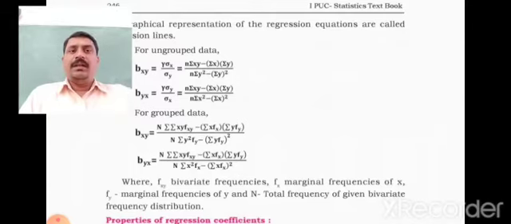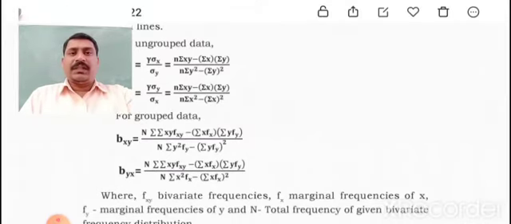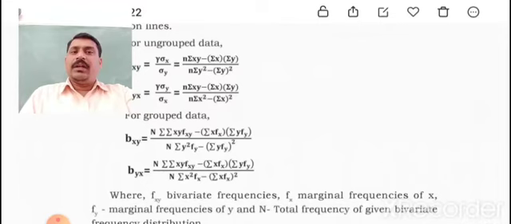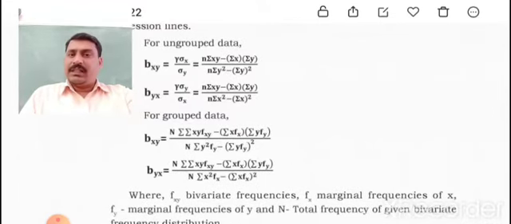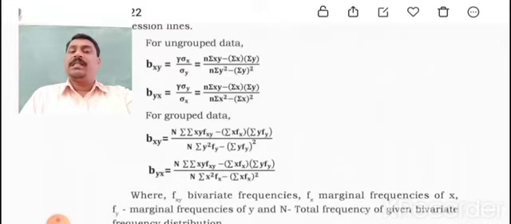Then if you write the formula to find that, bxy is n summation xy minus summation x into summation y, whole divided by n summation y square minus summation y whole square. And for byx, it is n summation xy minus summation x into summation y divided by n summation x square minus summation x whole square.